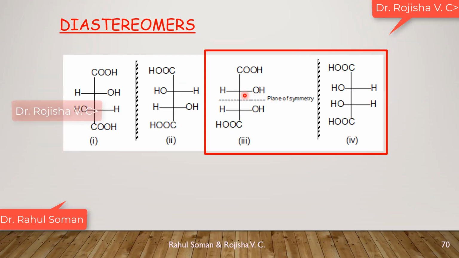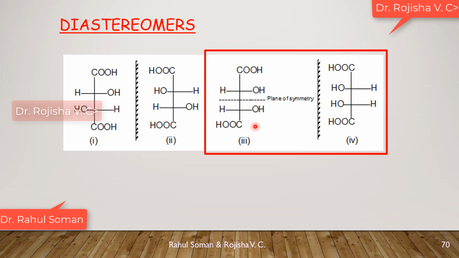Another thing: if a molecule has a plane of symmetry like this, there are two asymmetric centers here. This form will rotate the light to the right direction, and to the same extent this will rotate the light to the left direction, so that will cancel each other.